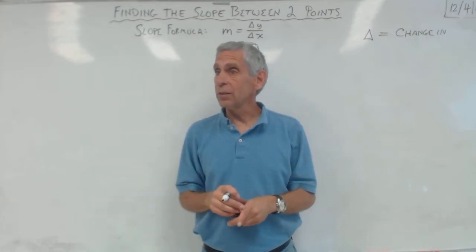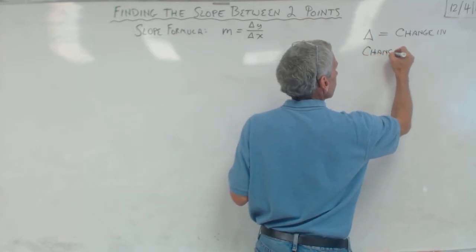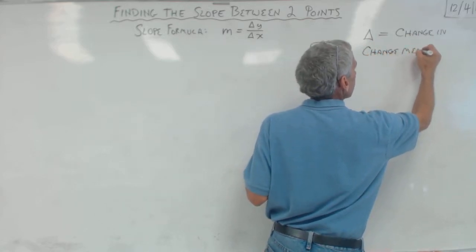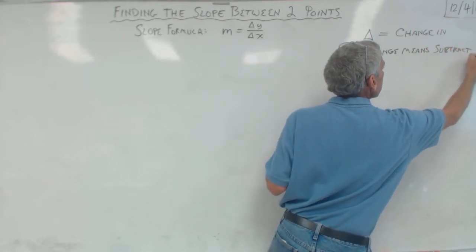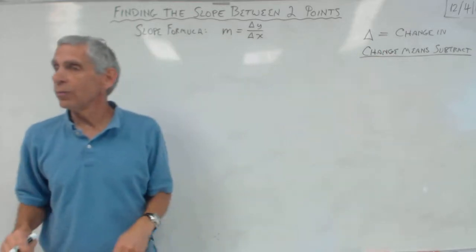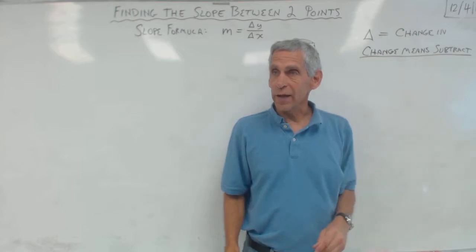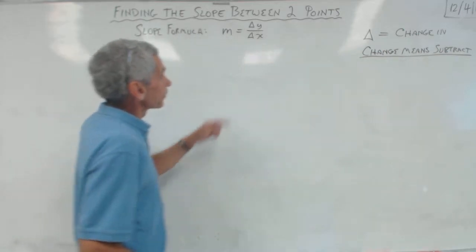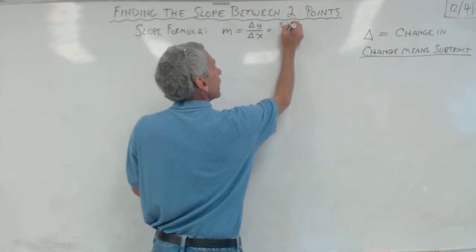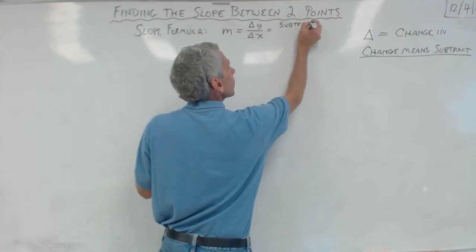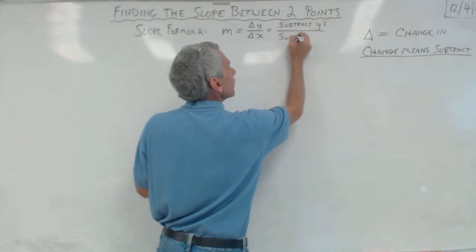So change means subtract. That's really important. It seems simple, and it is simple, but it's amazing how fast people forget this. Change means subtract. So what this really means then is subtract the y's over subtract the x's.